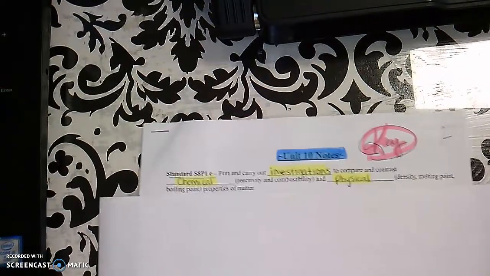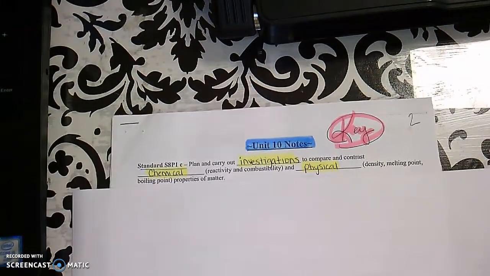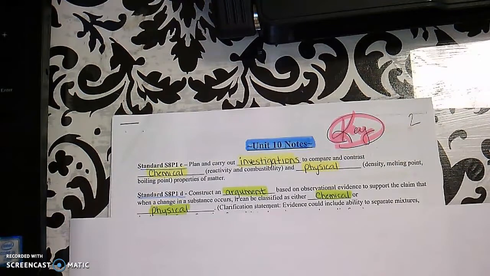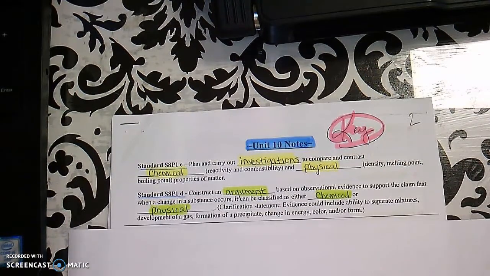There we go. And then our second standard is S8P1D, and that says to construct an argument based on observational evidence to support the claim that when a change in a substance occurs, it can be classified as either chemical or physical.